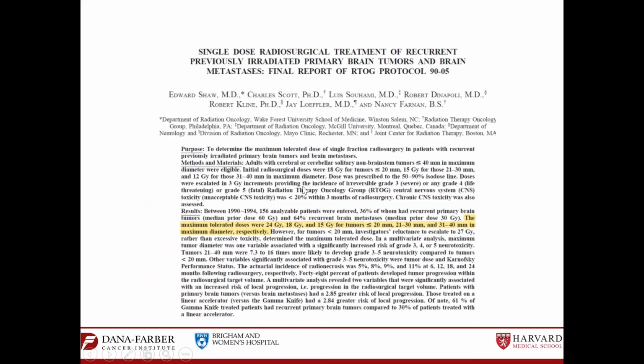For the prescription doses, we have the RTOG 9005. In that trial, they had prescriptions of different doses depending on the size of the lesion. So what they ended up doing is prescribing 24 gray for any lesion up to 2 centimeters, and then 18 gray for any lesion between 2 to 3, and then anything beyond 3 centimeters, they were prescribing 15 gray.